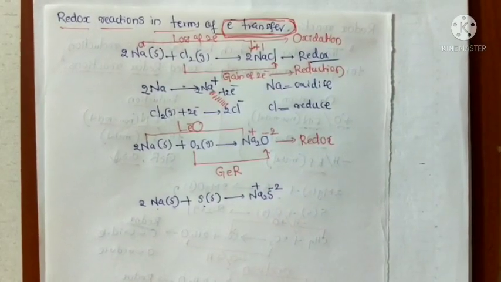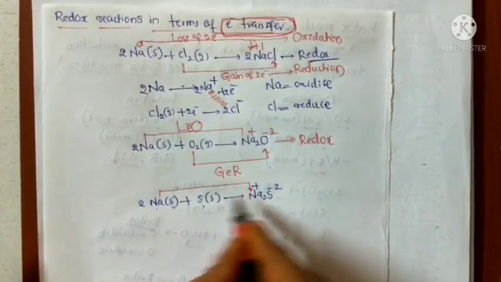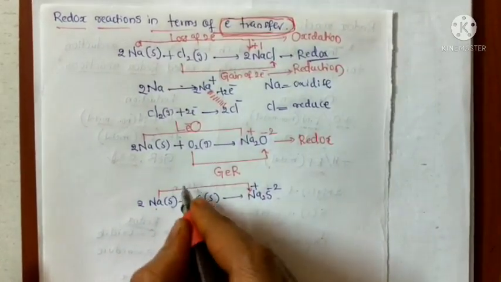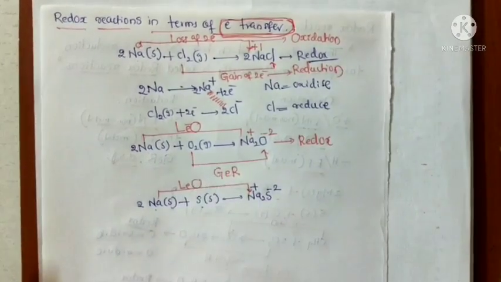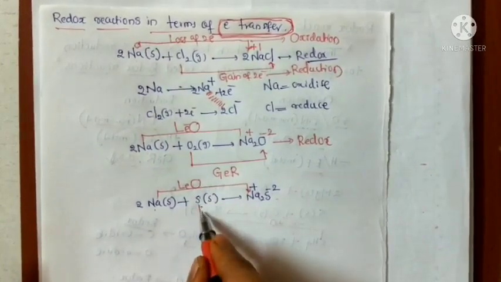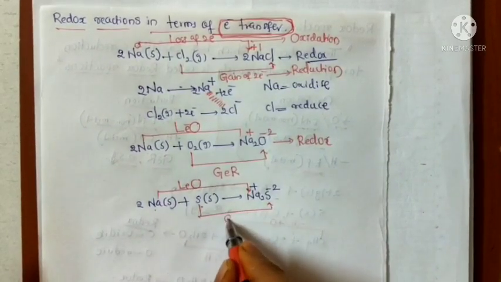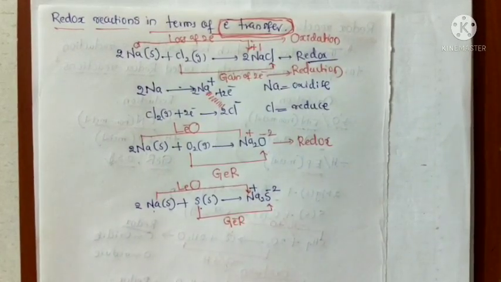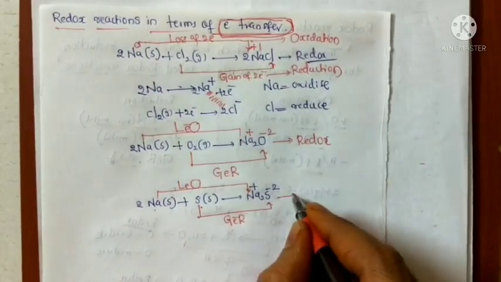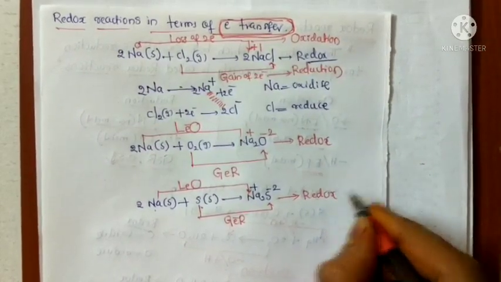So this reaction is also an example of a redox reaction, because sodium is converted into Na plus ions. That means loss of electrons is called oxidation, and sulfur is reduced because of gain of electrons. Gain of electrons is reduction. So this reaction is also an example of a redox reaction.